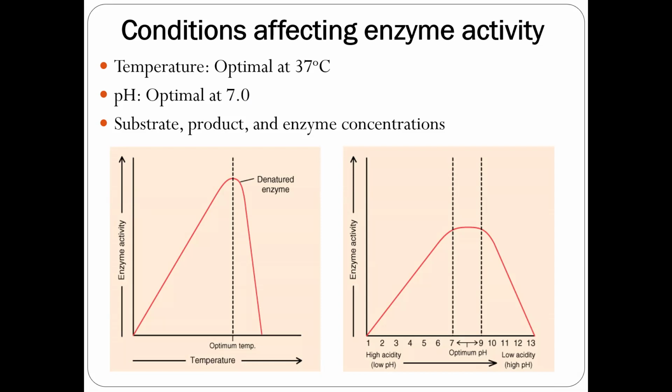Even 0.5 degrees Celsius is very significant for the enzyme. Second, the pH. Do you remember acidophile, alkaliphile, neutrophile? For most bacteria, the optimal pH is 7.0. Of course, for enzymes there is also feedback, so they are affected by the substrate concentration, the products, and the enzyme concentration.